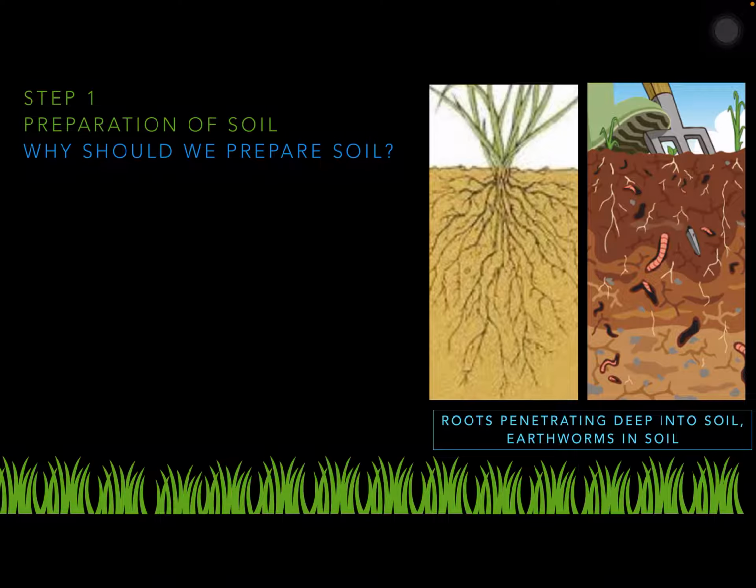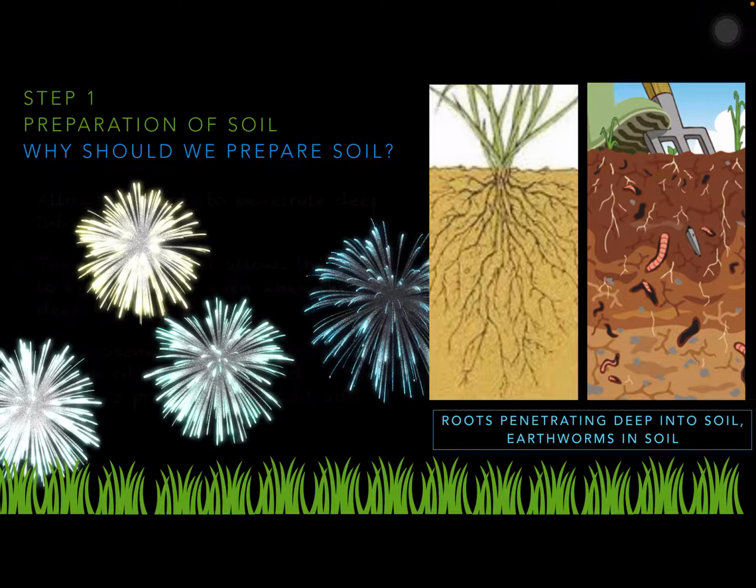What do you observe? The first picture, we can see the roots are penetrating deep into the soil, and in the next picture, all the earthworms, the humus, good soil is just below the layer where the plants are growing. This is the answer. Let's just check it out.